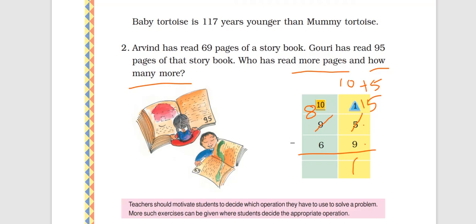That gave me 6 ones. And in the tens place, 8 tens minus 6 tens, we have 2 tens. So Gauri has read 26 more pages than Arvind. Seems like she's a fast reader.